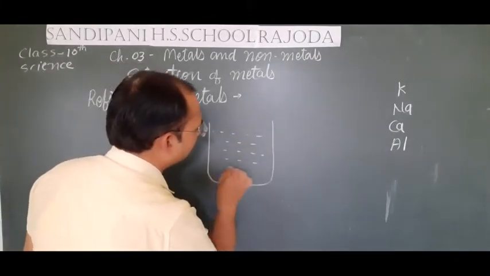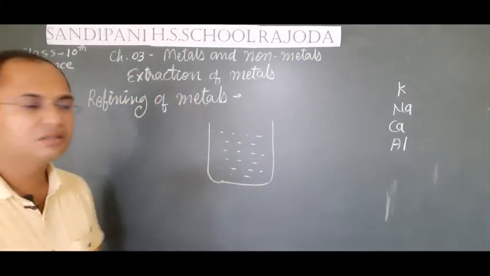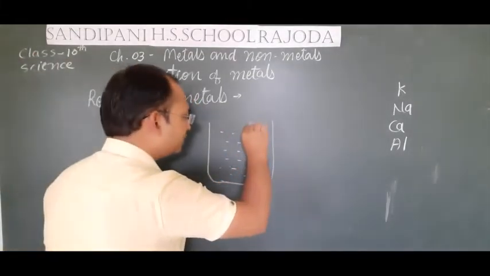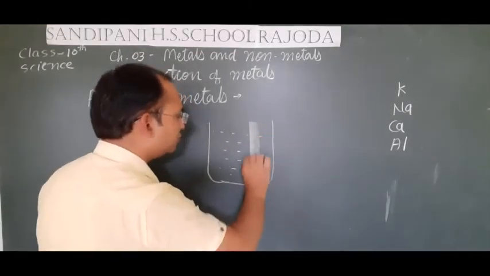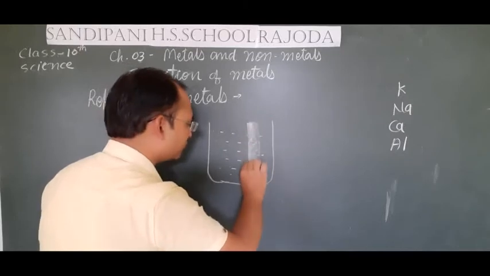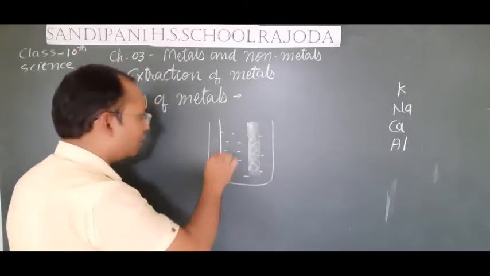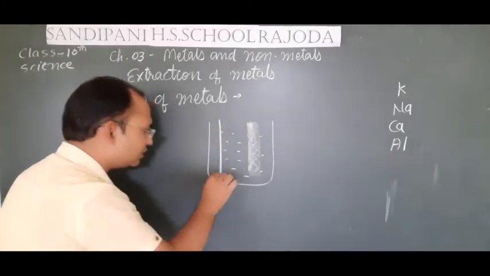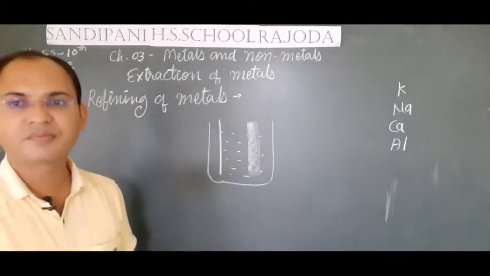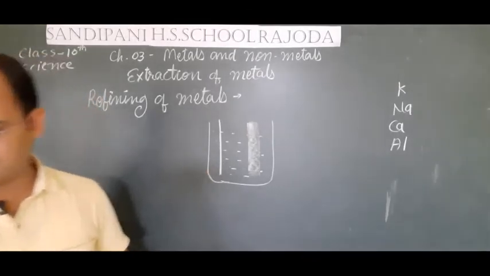The metal which we have to refine is placed in the form of a thick rod, and a thin strip of the same metal is placed in the form of the other electrode.